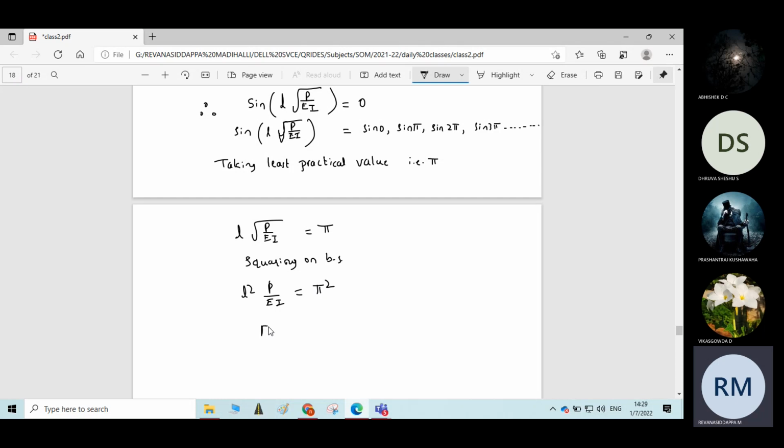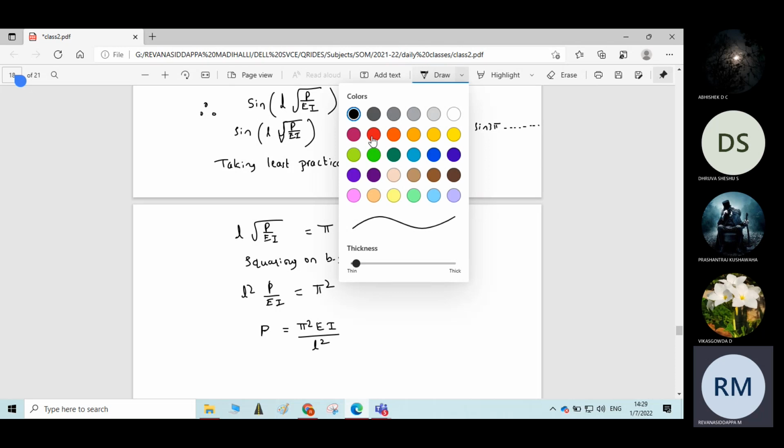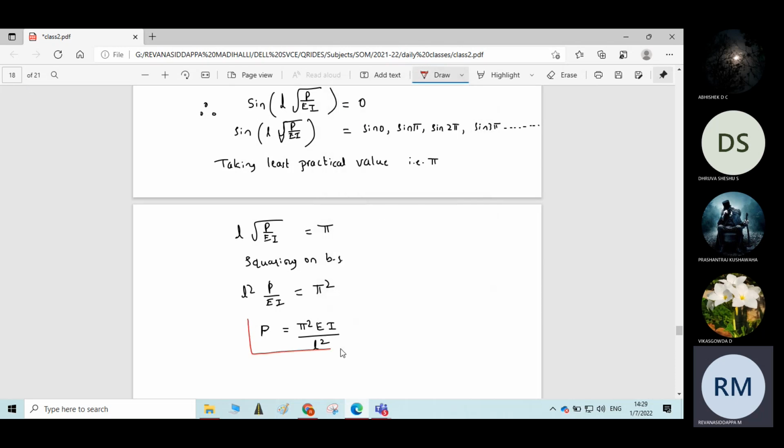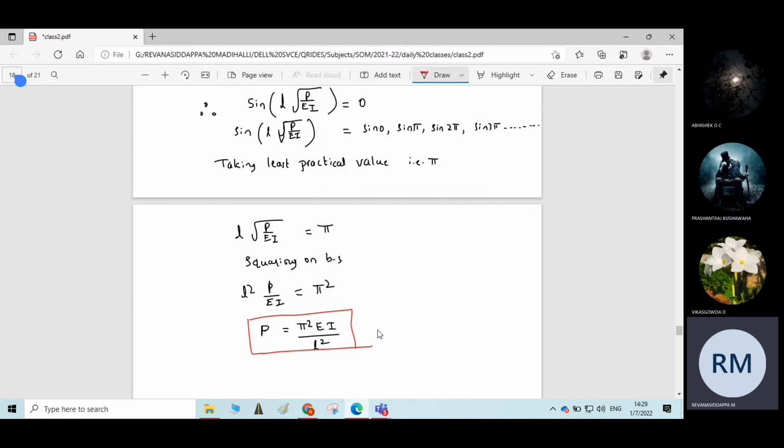Therefore P is equal to pi square EI divided by L square. This is the equation for buckling load of the column with both ends hinged.